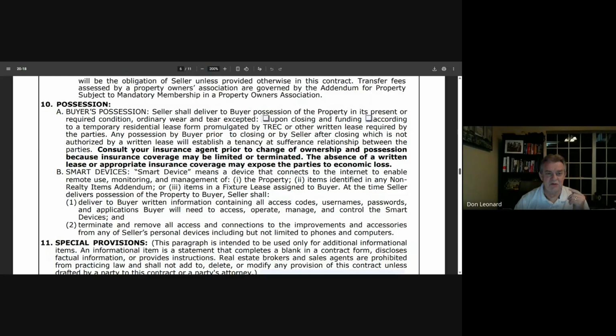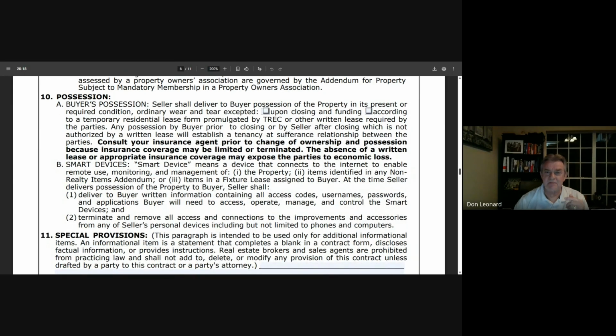Item 10 has to do with when possession is going to take place, typically at closing or funding. And if it's not going to be at closing and funding, then it's most likely going to be according to a temporary lease. If the buyer's moving in prior to closing, which is not a good idea, then we use the buyer's temporary residential lease.